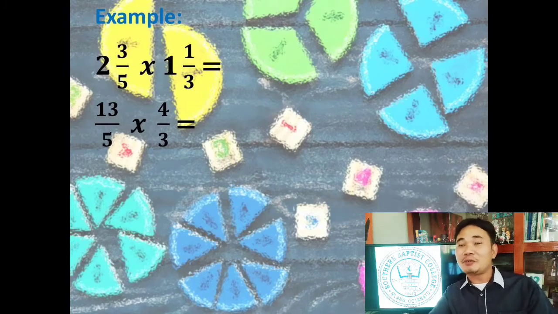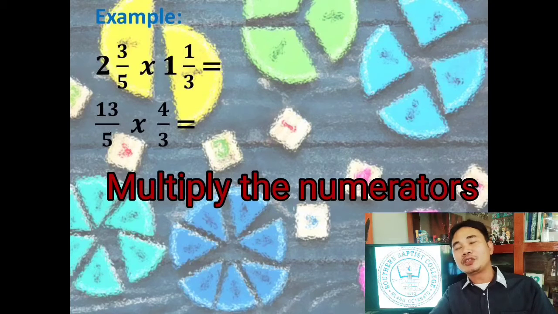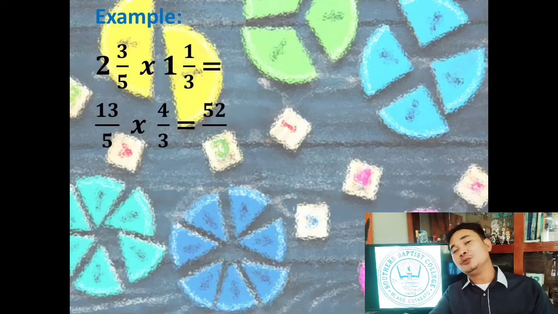So proceed na tayo. Wala na tayong masyadong kahirap-hirap dito because we need to multiply the numerators and multiply the denominators. 13/5 multiplied by 4/3. Multiply the numerators, 13 times 4, that would be equal to 52. So 52 is your numerator.